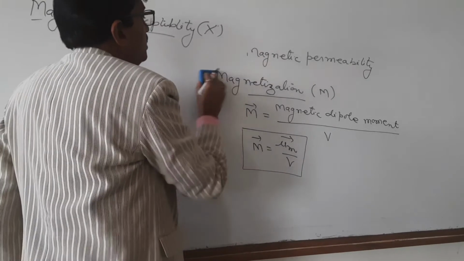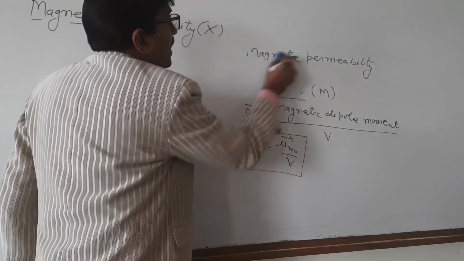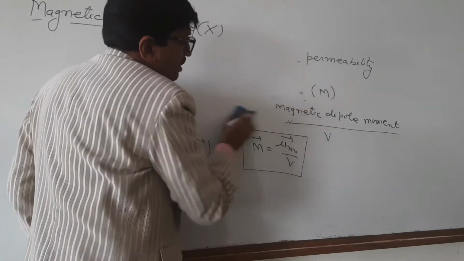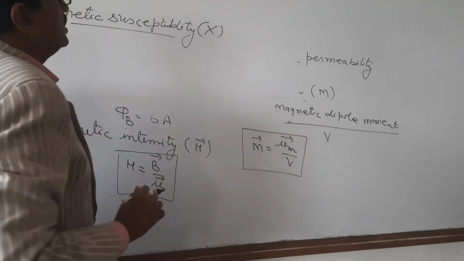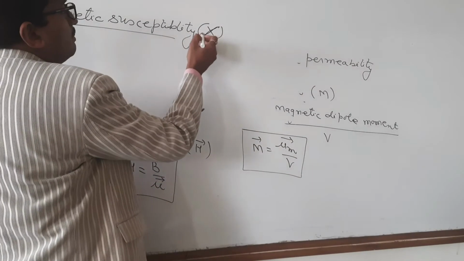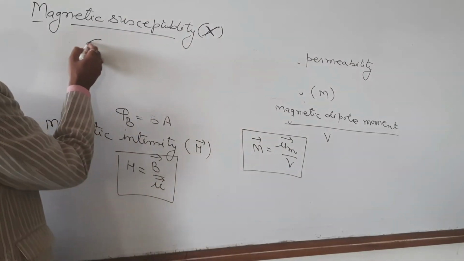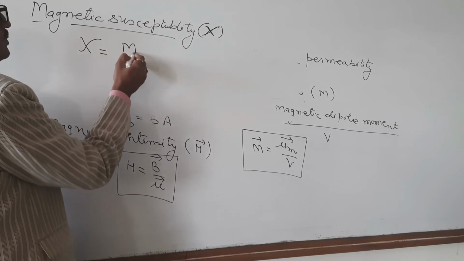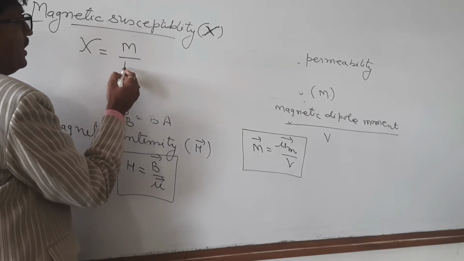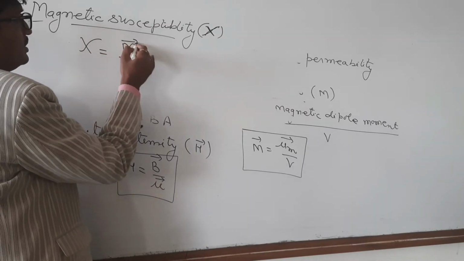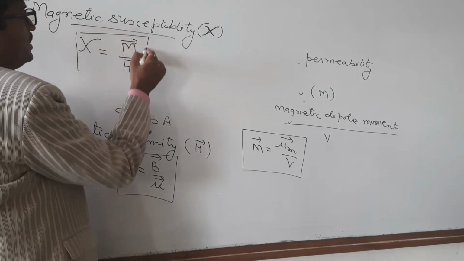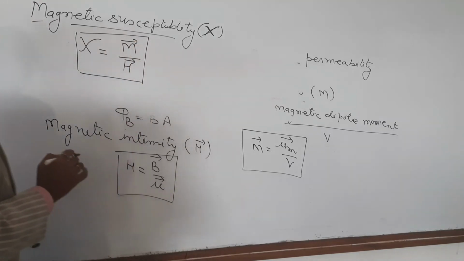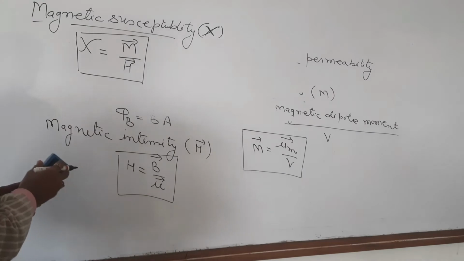Magnetic susceptibility represents the magnetic nature of the magnetic material. This is chi. Magnetic susceptibility chi is the ratio of magnetization and magnetic intensity.